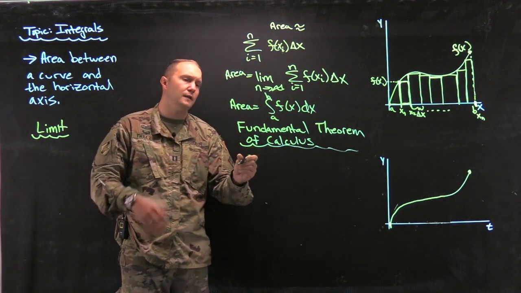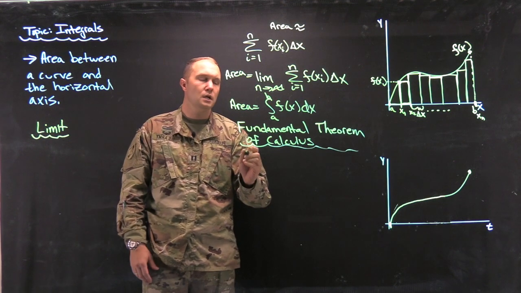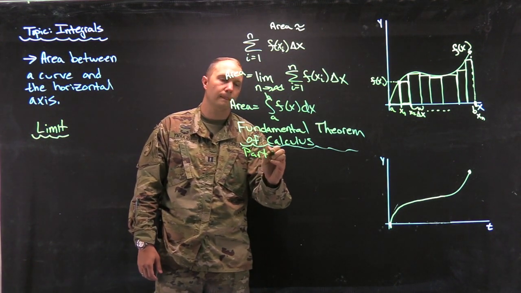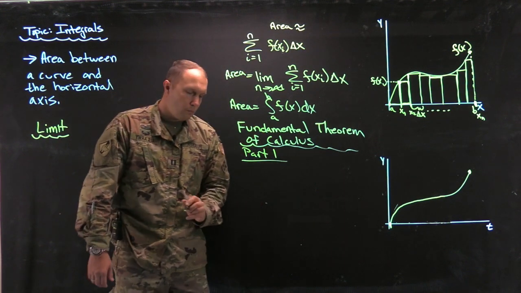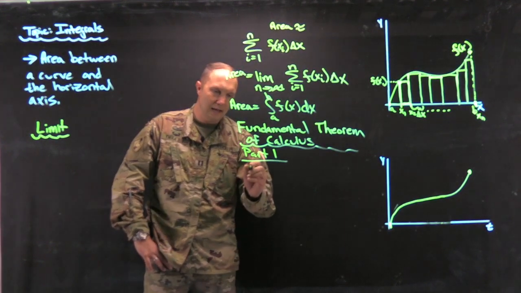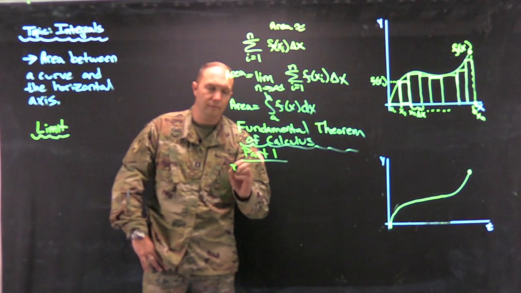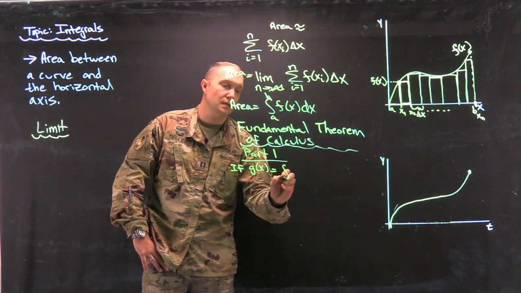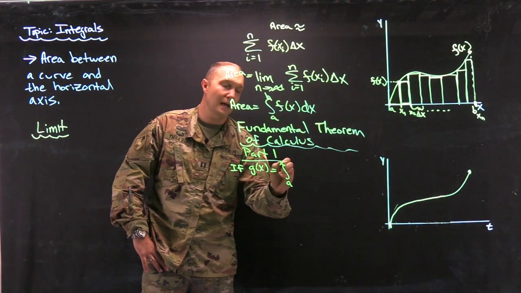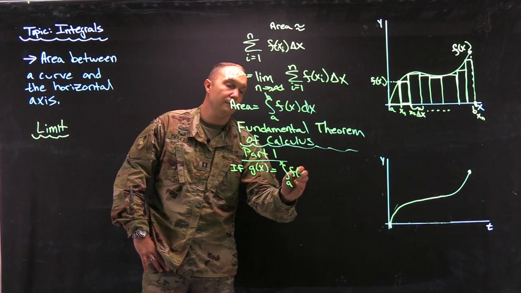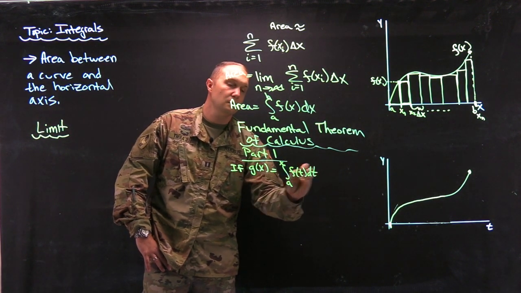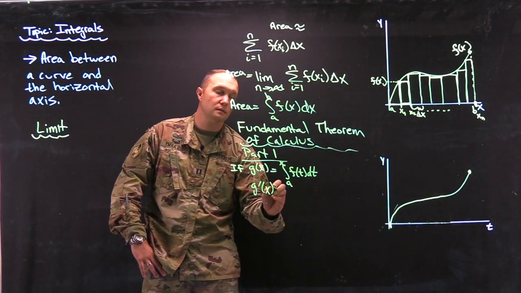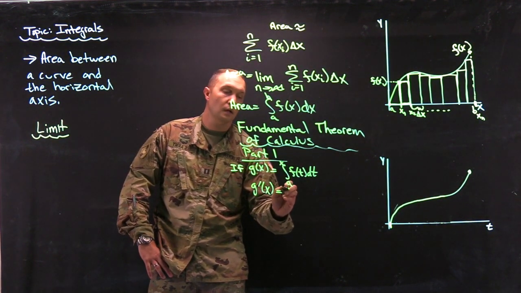Okay, so the fundamental theorem of calculus is broken down into two parts. So for part one, what part one states is that if we have the function g of x equals the integral from a to x of f of t dt, then g prime of x equals f of x.